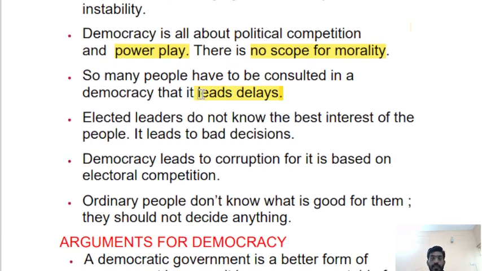Delay in taking decisions. And the elected people don't know which thing is best for the people living in the rural areas. Okay, and corruption.